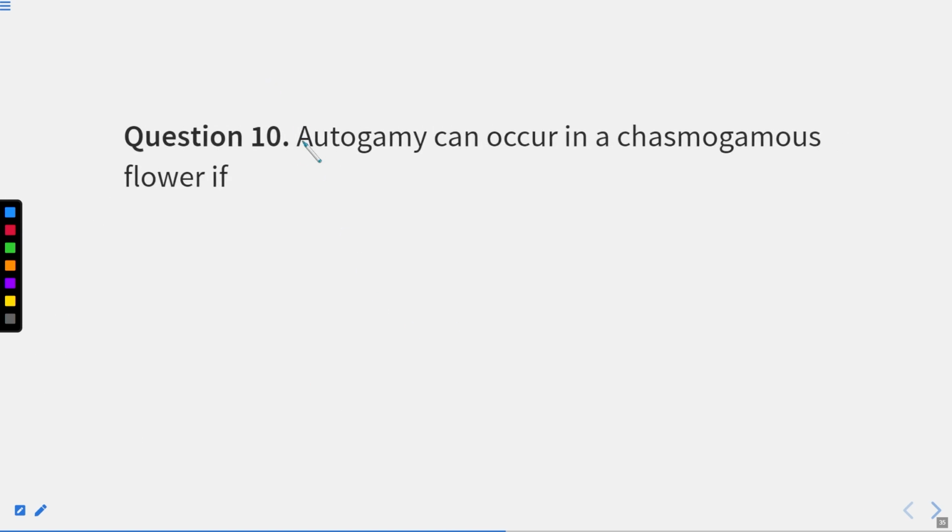Now let's talk about question number 10. Autogamy can occur in a chasmogamous flower if... So first you should know what chasmogamous flowers are. Chasmogamous flowers are those flowers that always remain open, meaning the anther and the stigma are exposed.